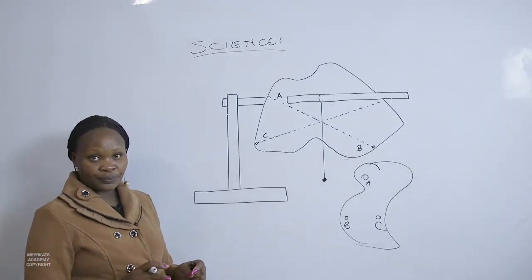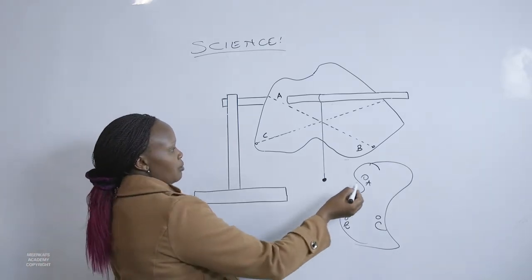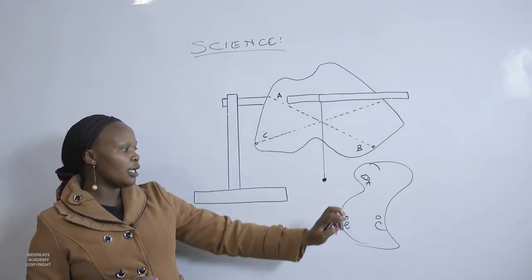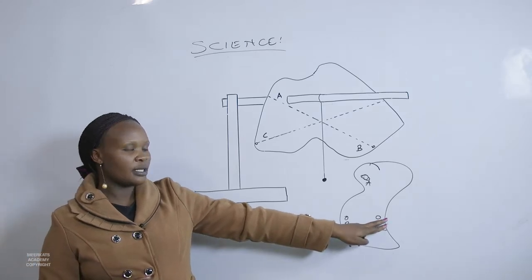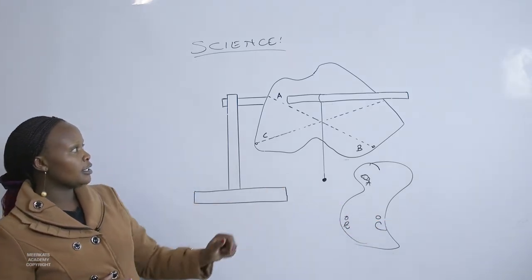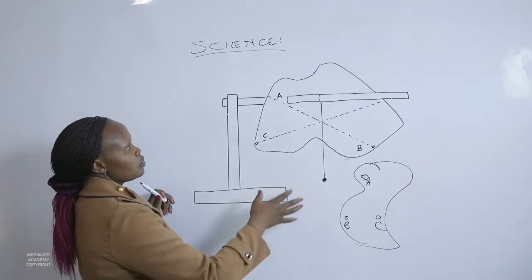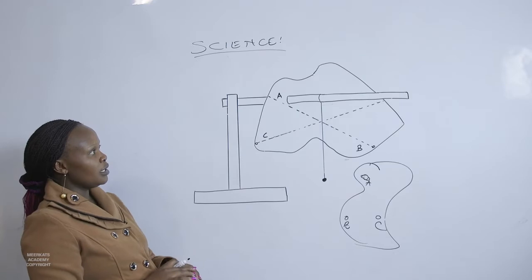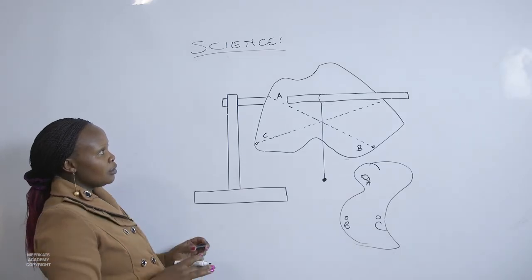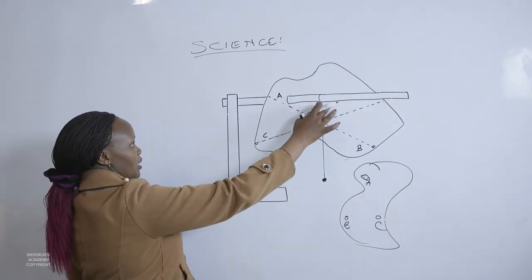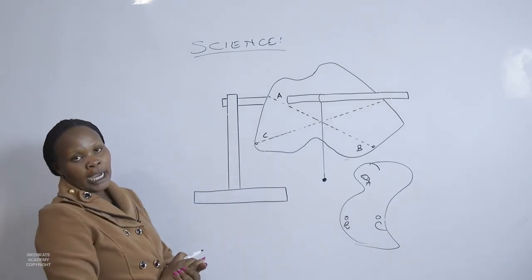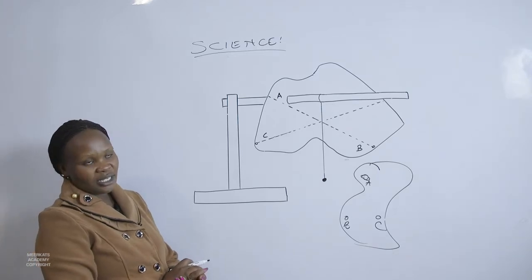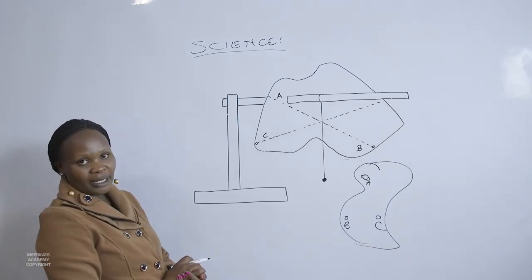So what we do, we actually make holes on an irregular object, say hole A, B, and C, and then what we do is that we suspend the irregular object on a stand and we put a plumb line somewhere there, and we can draw the line that has been traced by the plumb line.